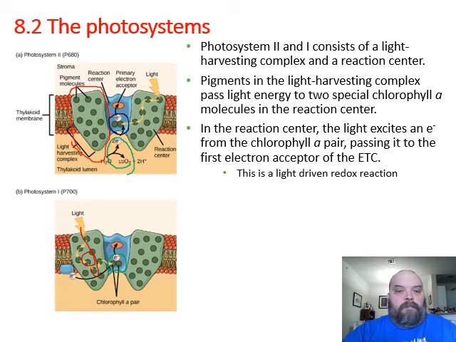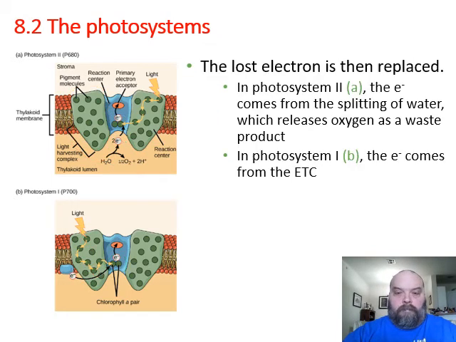So, photosystem 2 is the only one where you see a loss of an electron that has to be replaced by the splitting of water. In photosystem 1, the electron is supplied. It comes from the electron transport chain, which ultimately came from photosystem 2, and photosystem 1 is just re-energizing.